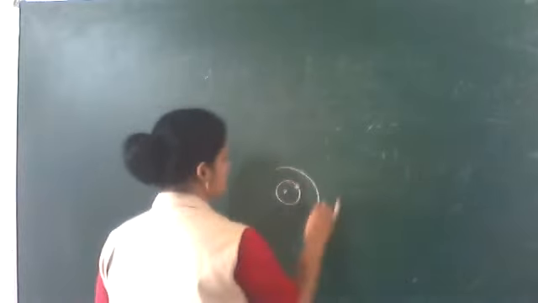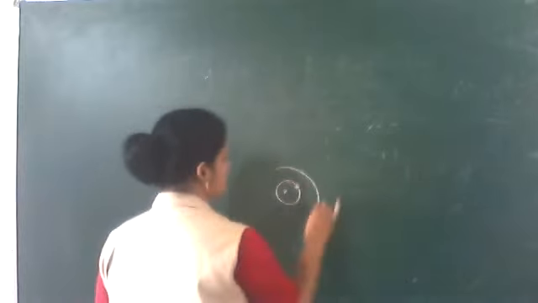So second orbit, third orbit, fourth orbit, fifth, sixth, seventh, like that, infinite. We have to take this to the infinite level.